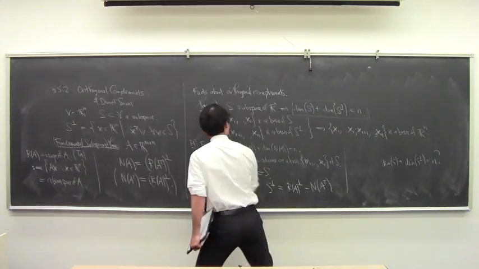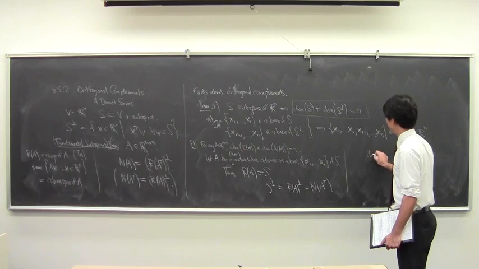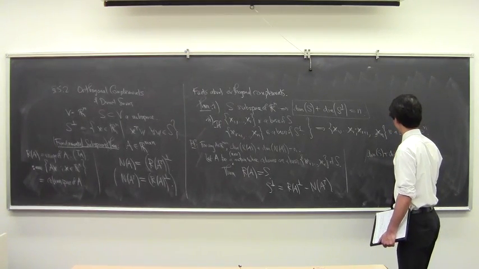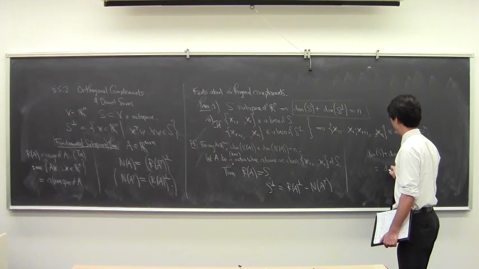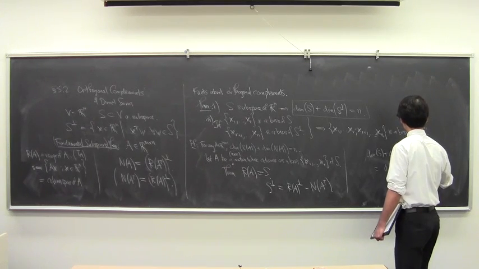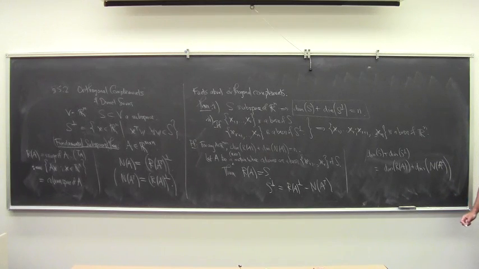So what we have right now is that the dimension of S plus the dimension of S perp is the dimension of the range of A plus the dimension of the null space of the transpose. Does that get us to n?